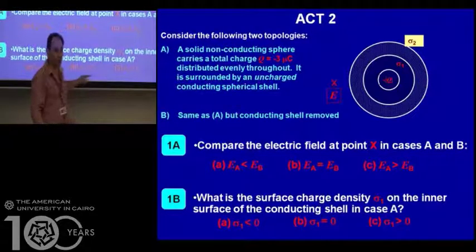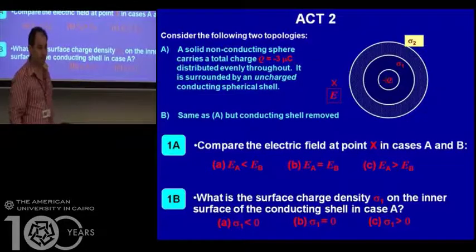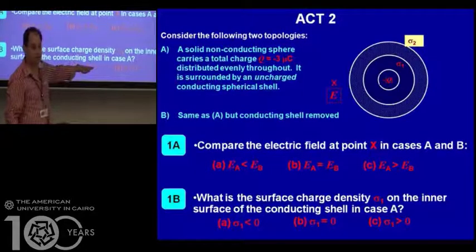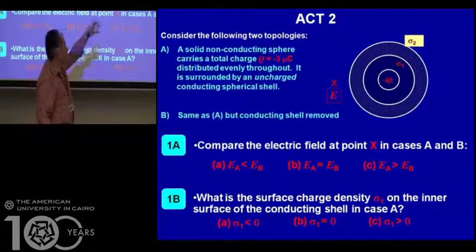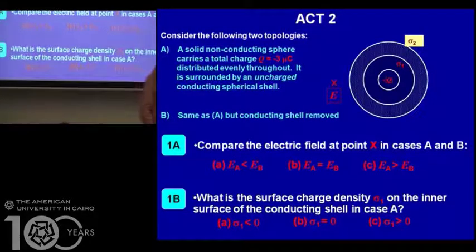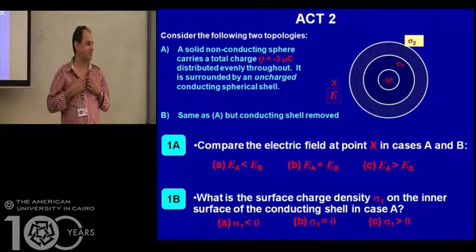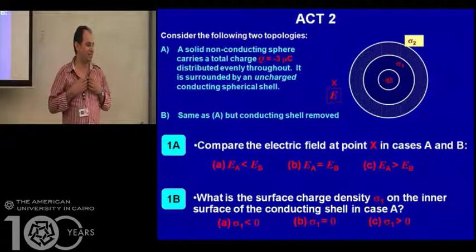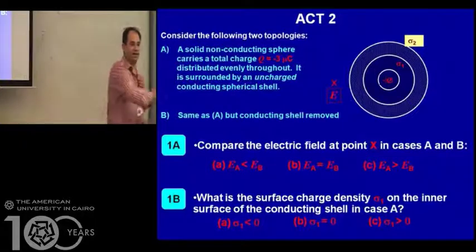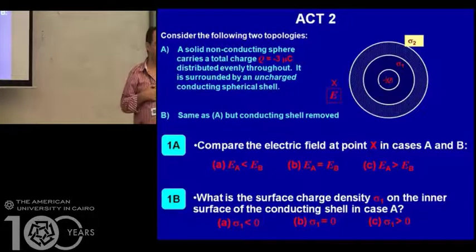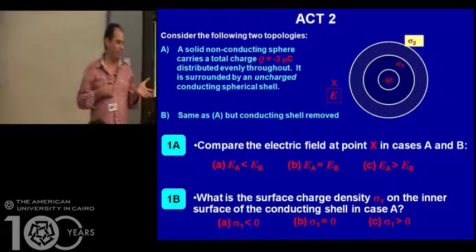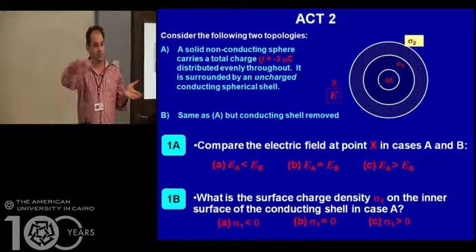So which one is going to be the answer? More than 0, of course. Would you like to answer that? Yes, what's your name again? Ghad is saying, because you have a positive charge.